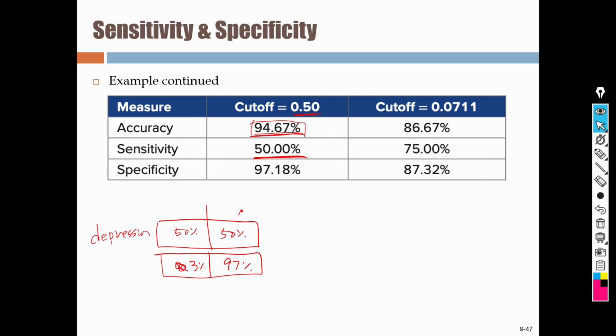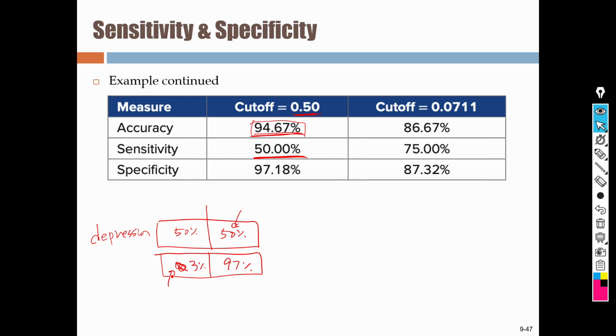So we cannot lose this one. I mean, this misclassification is fine because when we actually meet the student face to face, you can easily find out, okay, this guy doesn't have a depression at all, so we can release him or her easily.